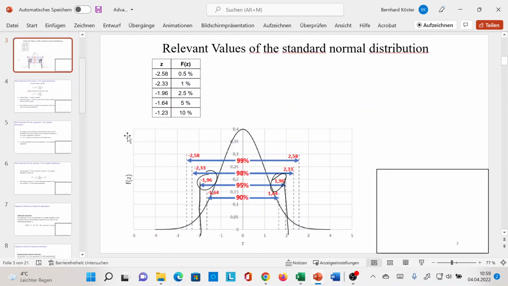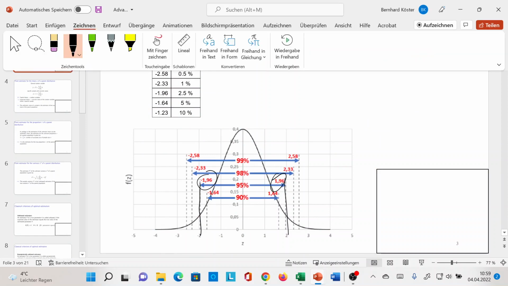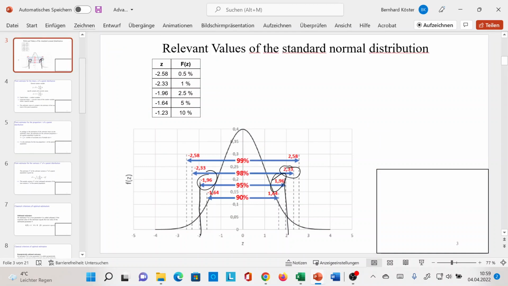Up here. So why is it from this picture 2.33 and not 2.58 where we have the 99?